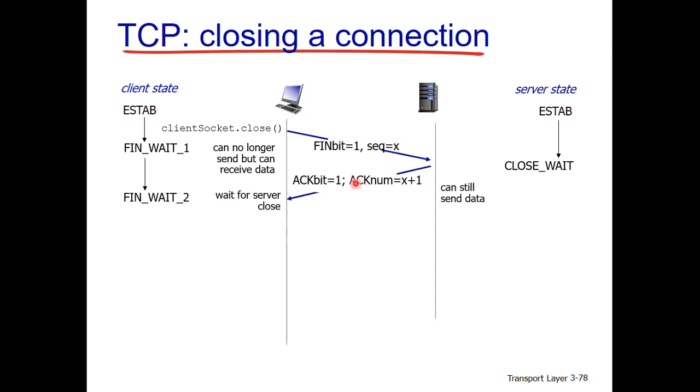Now once this is received, the client cannot send data on this connection, whereas the server can send data on this connection, because this party has closed the connection and is in a wait state for the server to close the connection.